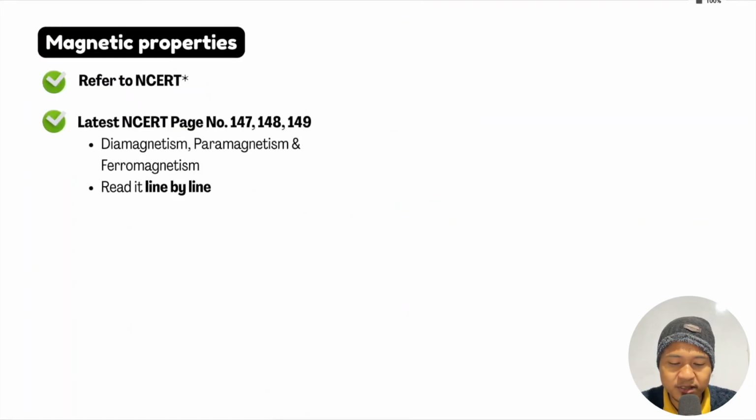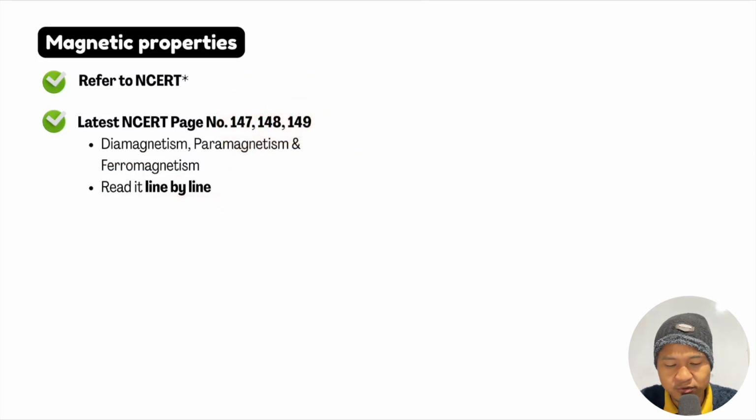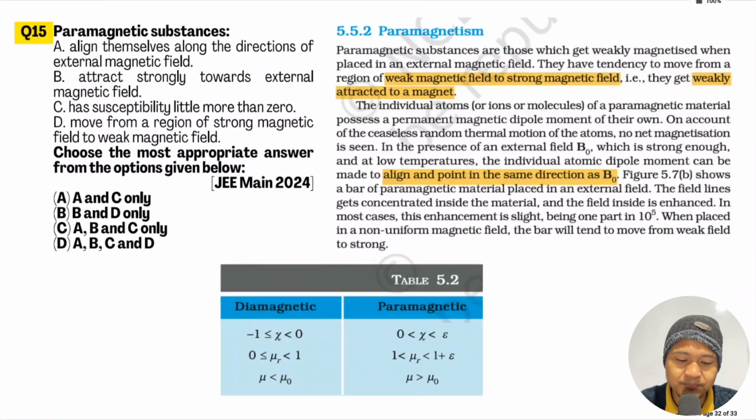Magnetic properties: diamagnetism, paramagnetism and ferromagnetism. Read the latest NCERT pages 147 to 149 line by line. Suppose this previous question was asked directly. You are given options A, B, C, D and have to choose.